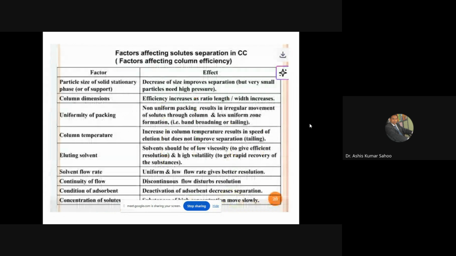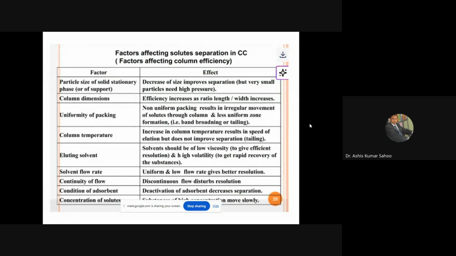So let's see the factors affecting solute separation in a column. Particle size of the solid stationary phase: a decrease in size improves separation. Column dimension: efficiency increases with the ratio of length to width. Uniformity of packing, column temperature, eluting solvent, solvent flow. So these are the factors which affect column chromatography.